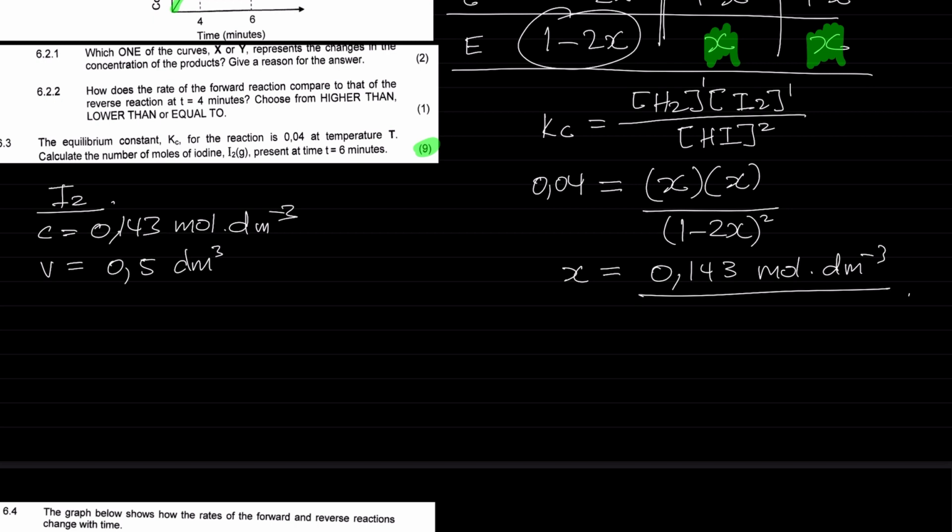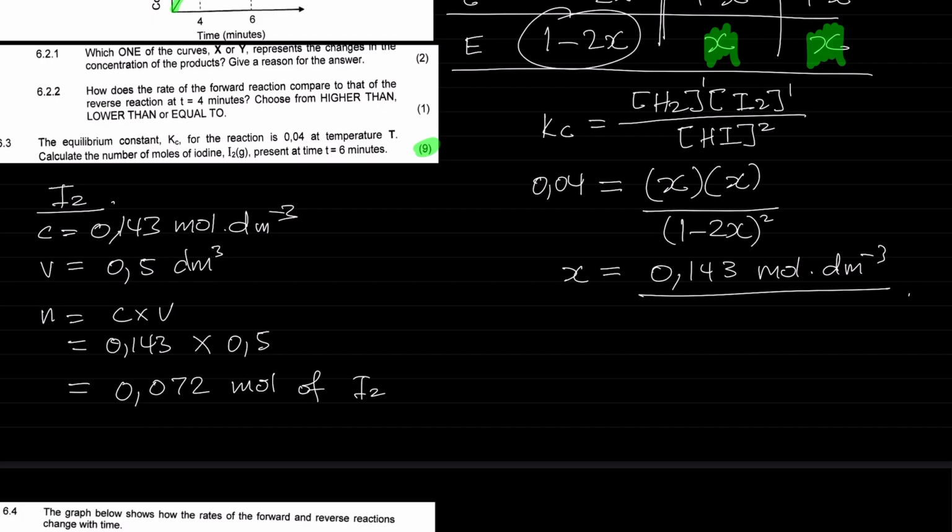Now we can calculate the number of moles. Number of moles equals C times V, 0,143 multiplied by 0,5, and then we can solve. That is equal to 0,072 moles of iodine at equilibrium.